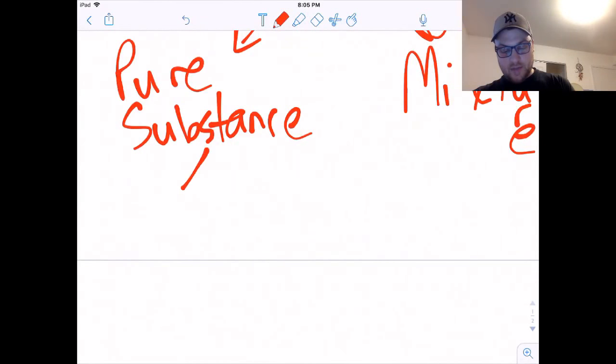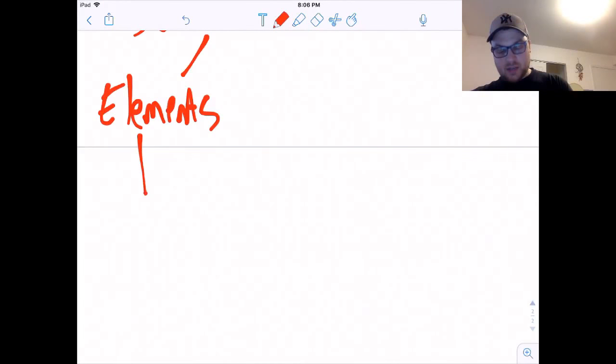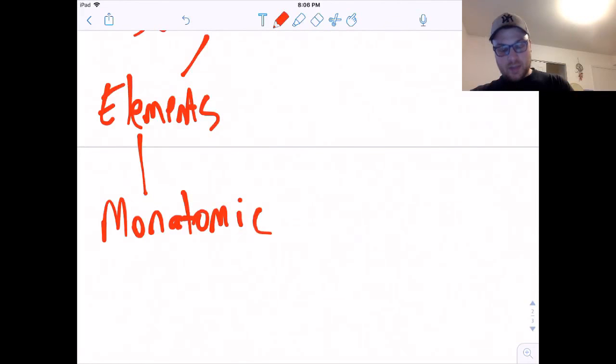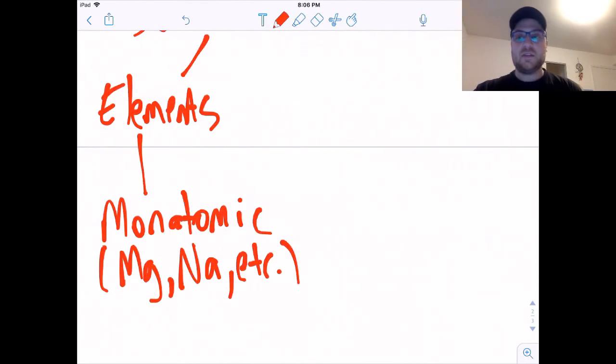We have elements, and they can be elements that are what we call monatomic, which are elements that exist as one atom. So, like any of your metals, Mg, Na, etc., they're all monatomic elements. In nature, it's just one type of atom involved.